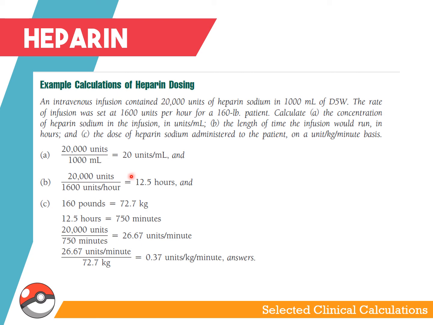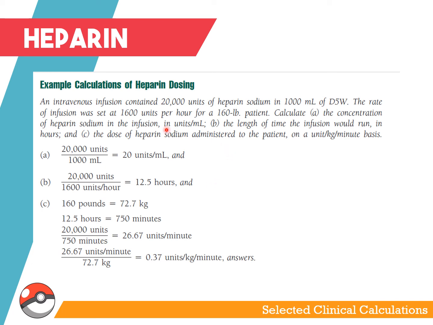So we simply divide 20,000 by 1,600. Okay, so the answer is 12.5 hours. So this is simple math. I believe you can do it.